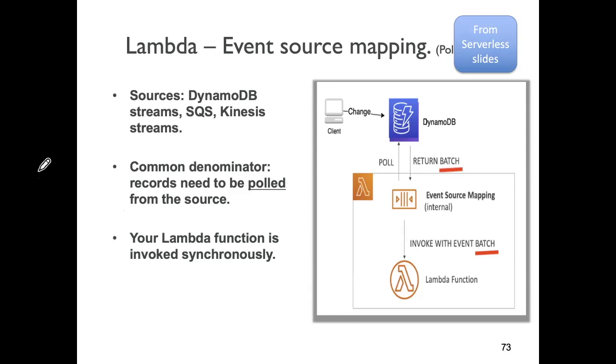As you might recall, when I was talking about SQS, the Lambda service polls the SQS queue for messages. It's not that the SQS initiates the communication. It's done from the Lambda side. Now, a similar polling mechanism happens when you've got what are called DynamoDB streams.